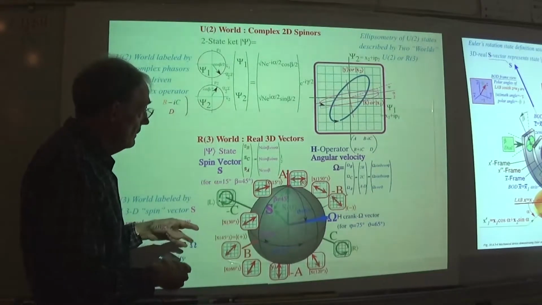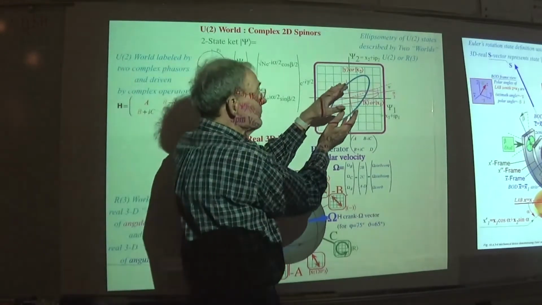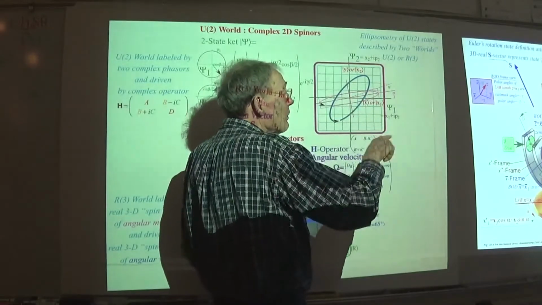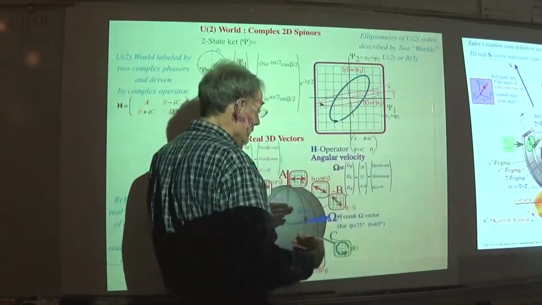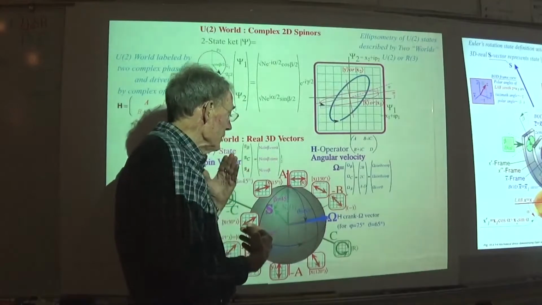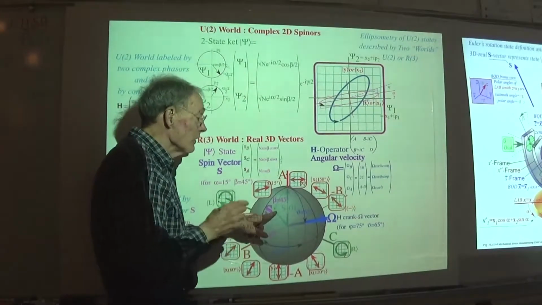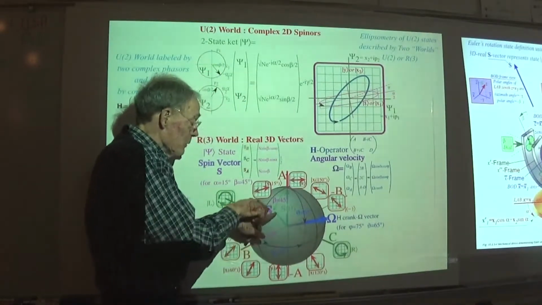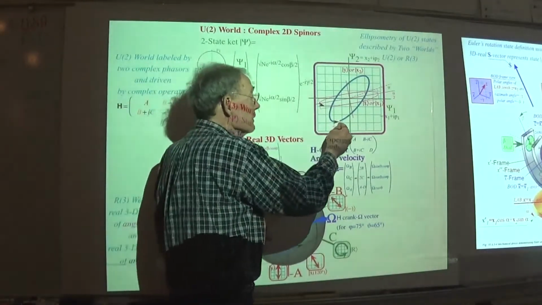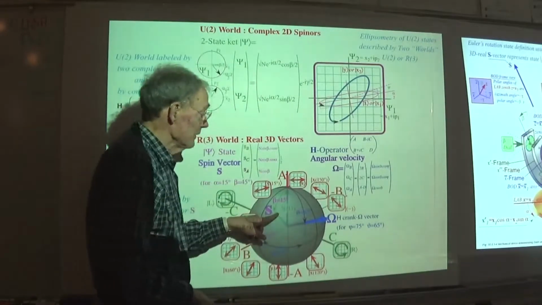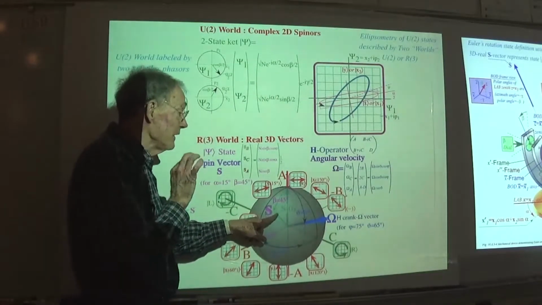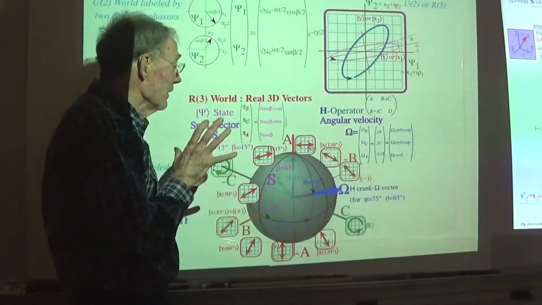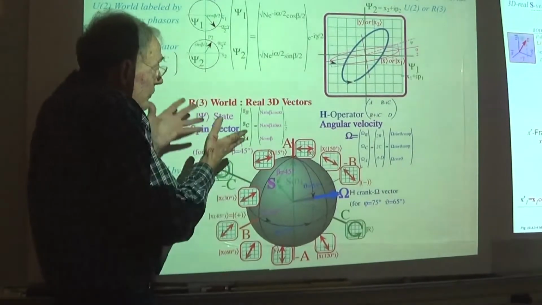So basically every possible elliptical state, every point on the sphere that this spin vector points at, corresponds to an entire ellipse. And if you want to put the gauge on it, it'll tell you where on the ellipse you are. That's the overall phase at work there that you have to know. And that takes care of the states of this thing.